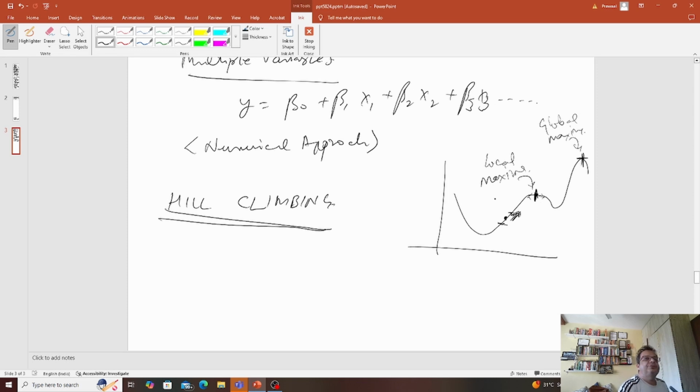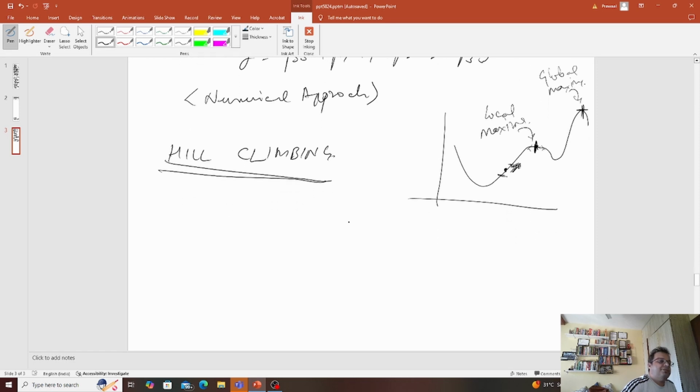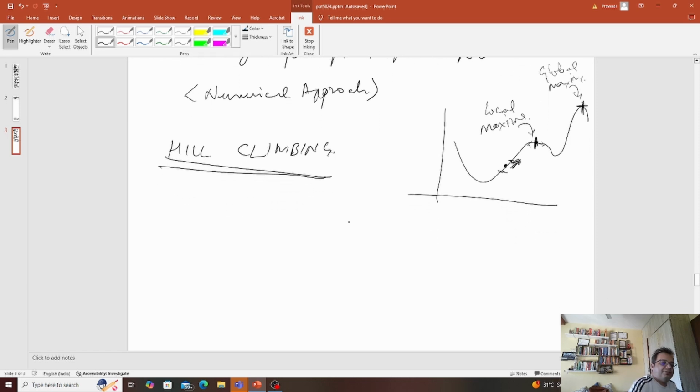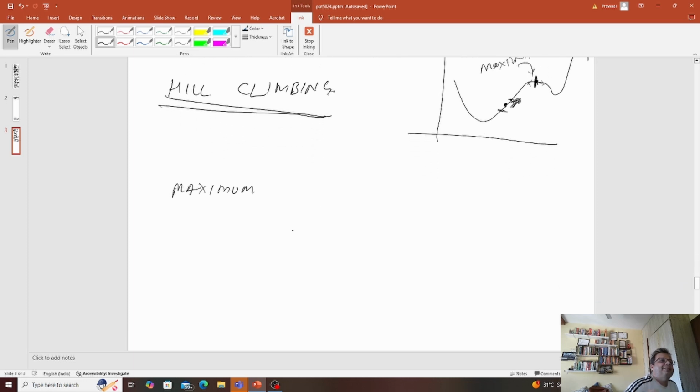I don't think you need to get into more details of this, but you should understand what hill climbing means. We already spoke about maximum likelihood, because I was talking to you about finding these maximas, which is again maximum likelihood, instead of the least squares and finding the optimal values of least squares.